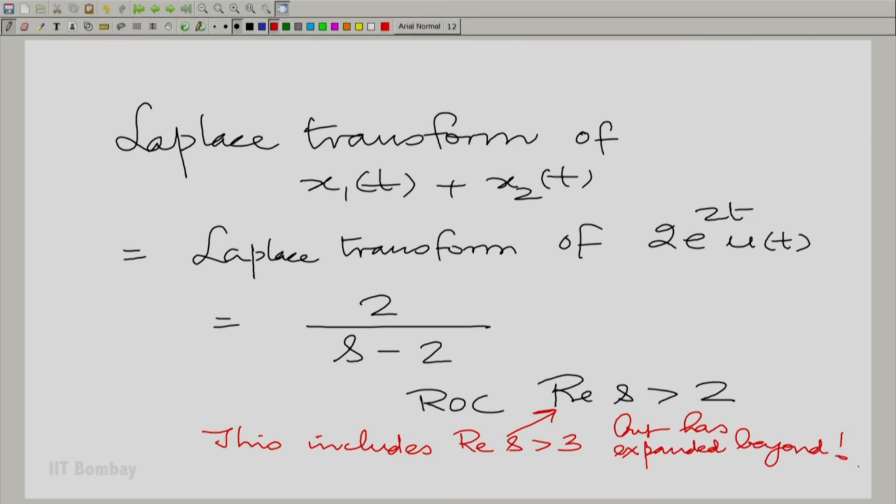So, it is very interesting. The region of convergence could expand in this process of linear combination beyond the intersection.